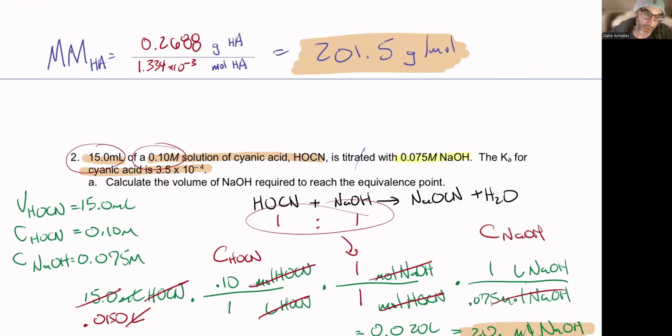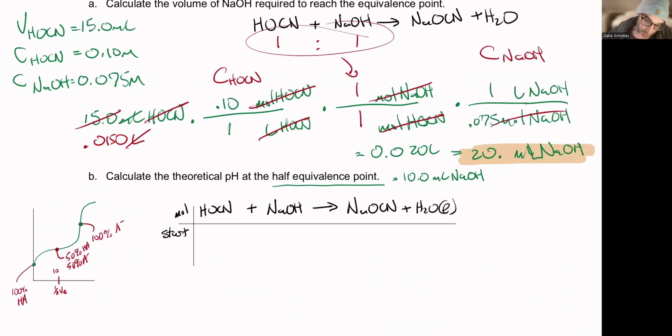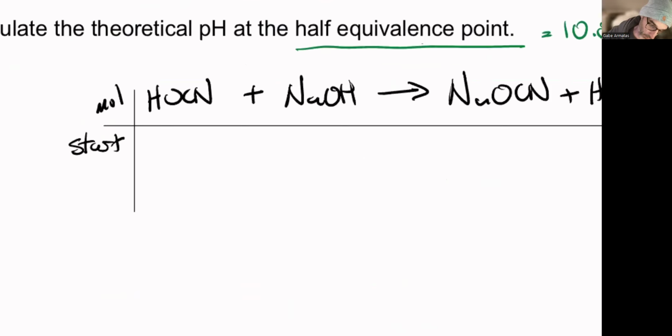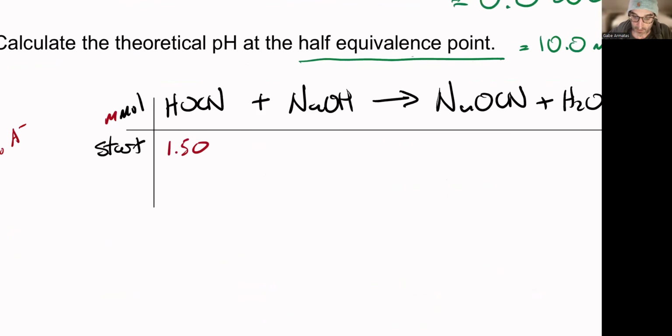If we multiply those out, 15 times 0.1, we will do this in millimoles, so we have 1.50 millimoles of HOCN.